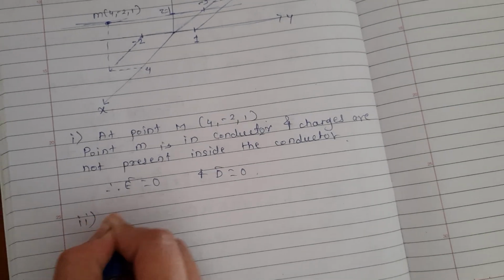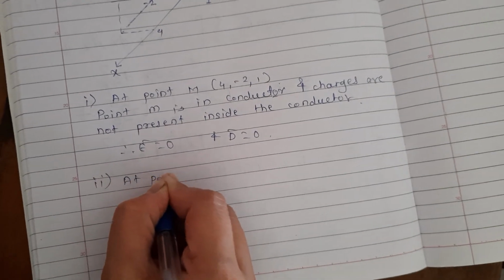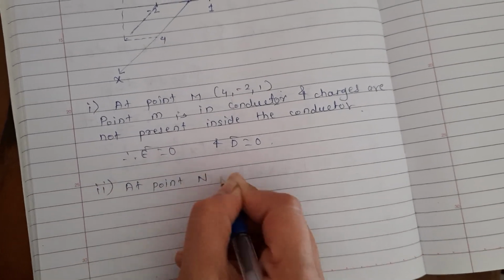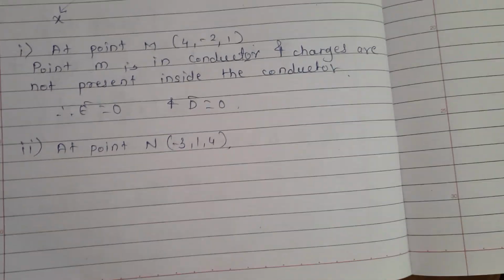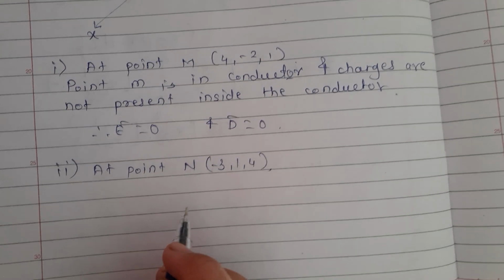Now the second is at point N, that is (-3, 1, 4). So this point is in the dielectric as shown in the figure.